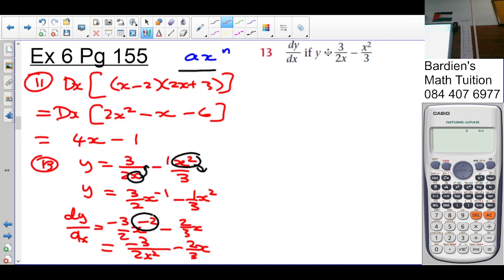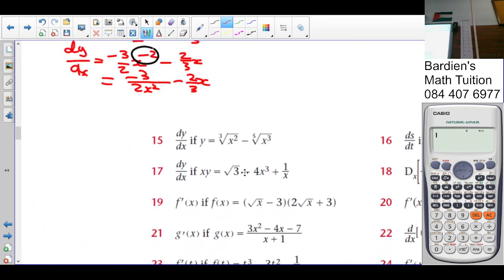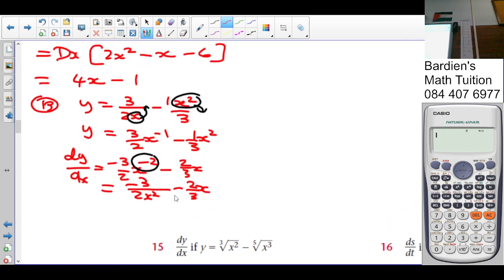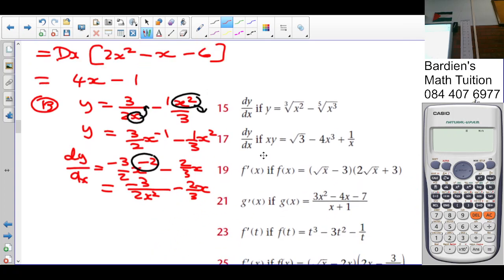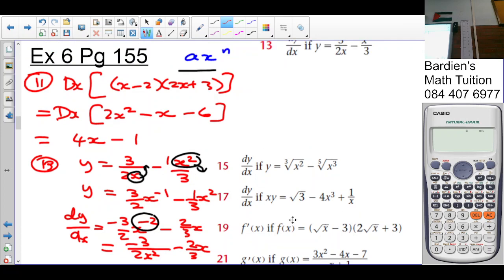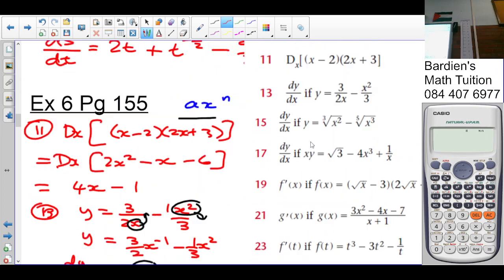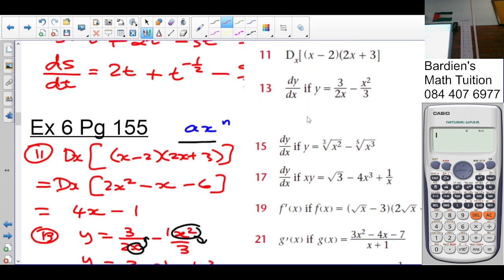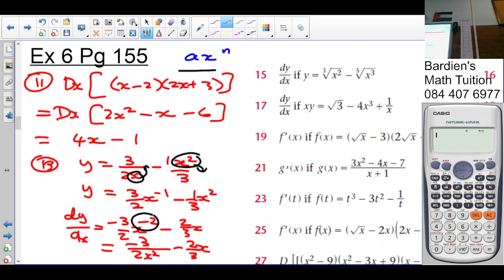One of the media, you must put the equal sign. Equal sign, yeah. Like there, for example, there it says 4x minus 1, so you have to put the equal sign.